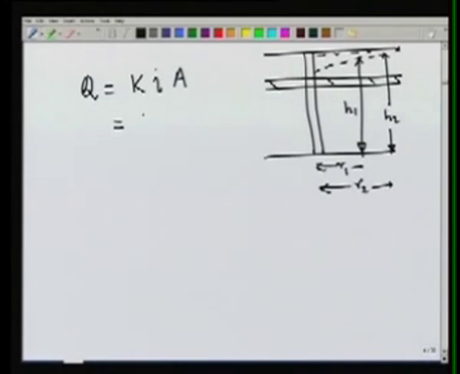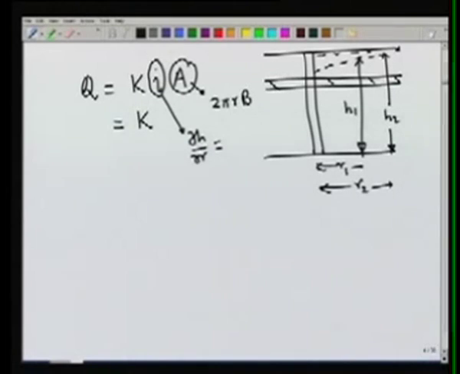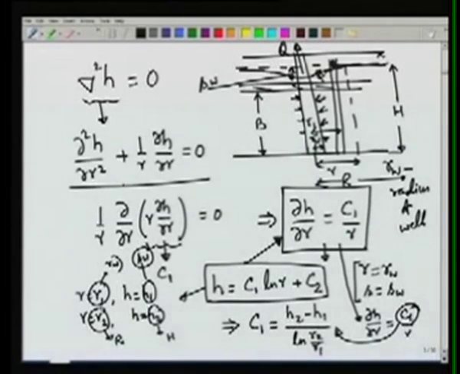At any distance R, the area would be equal to 2 pi R into the thickness of the aquifer B, and I is nothing but del H by del R, which we have already seen from here is C1 by R, and C1 is given by this.